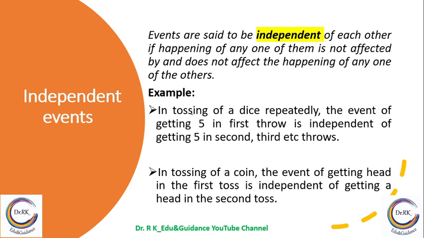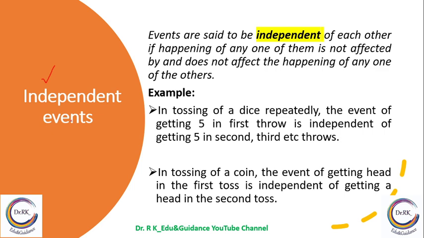Next, independent events and dependent events. Here the name itself defines the events. Two events are said to be independent events when the outcome or happening of one event does not depend on the outcome of the other.